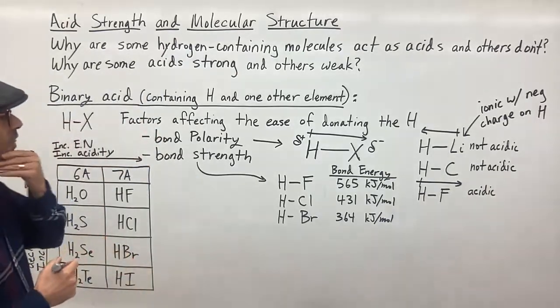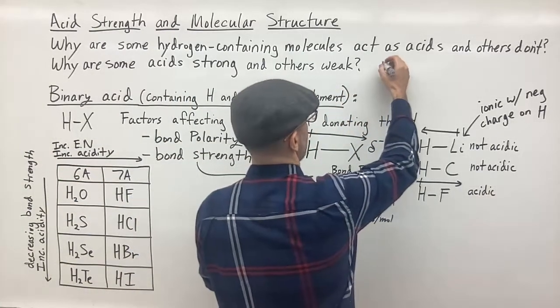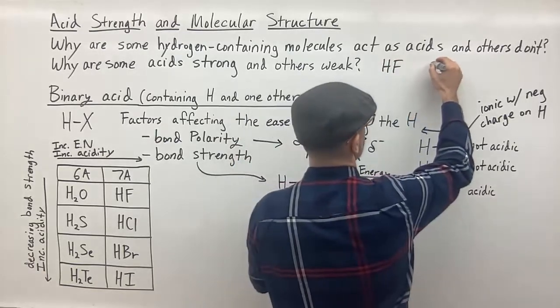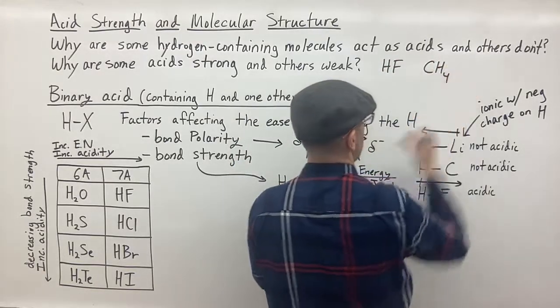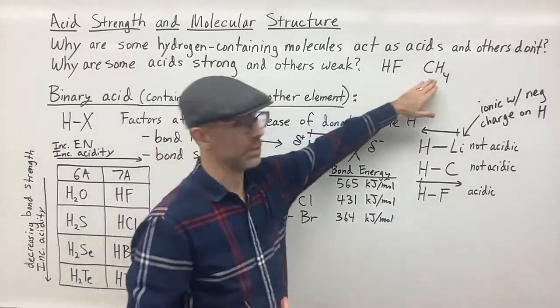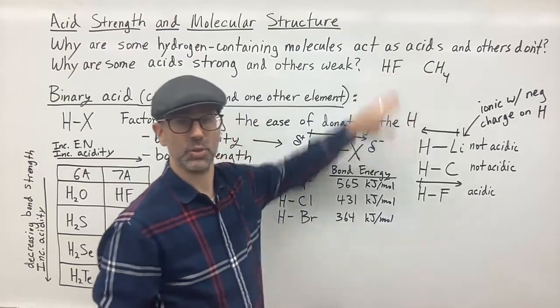With regard to these questions, if we have a molecule like HF and we have another molecule like CH4, methane, the question is, why is this one acidic but this one is not? Why does this one not give off hydrogens but this one does?